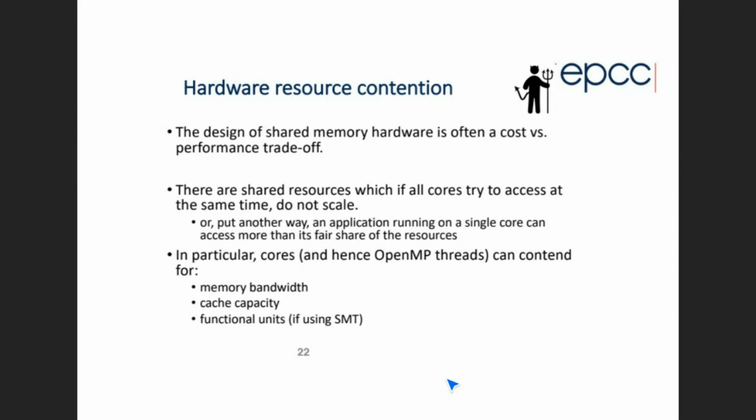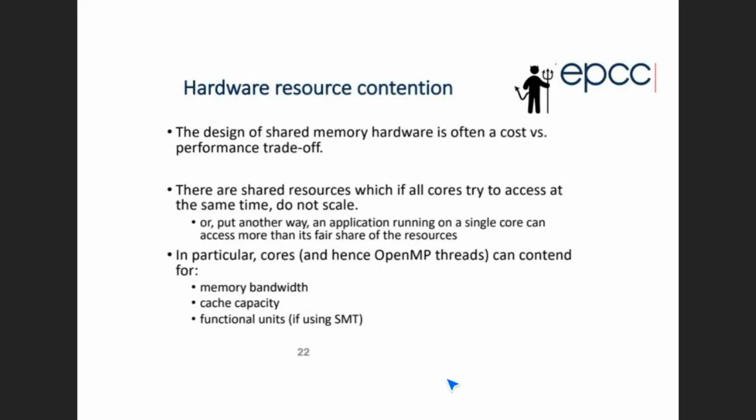So the last of my 6 main evils is hardware resource contention, because the design of shared memory hardware is a cost versus performance trade-off at some level. You could always design better hardware, but it would cost more to implement, so manufacturers don't do it. That means that in practice there are shared resources on the chip which, if all cores try to access them at the same time, don't actually scale.